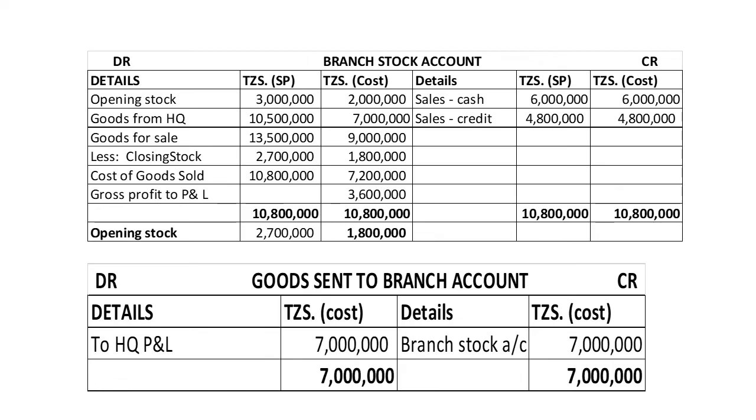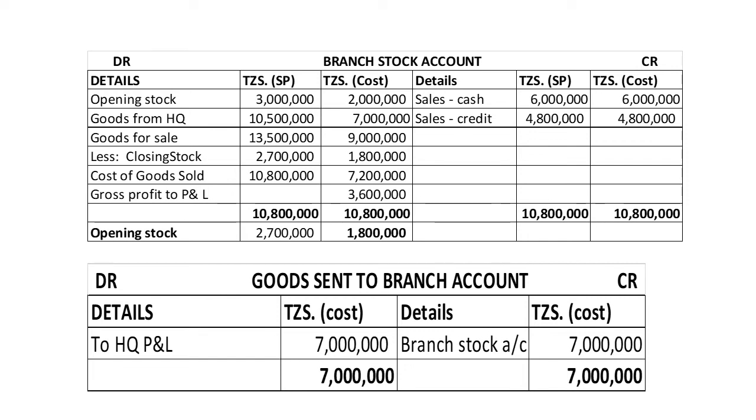So the sales at selling price are the same: cash sales is 6 million, credit sales 4.8 million. That gives us 10,800,000 for both.